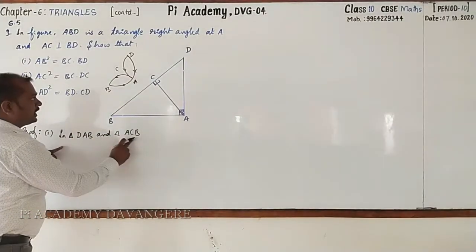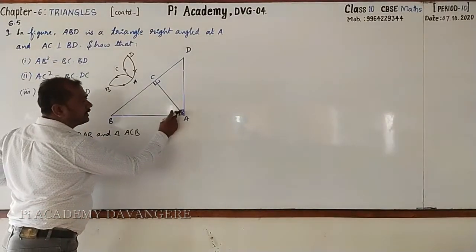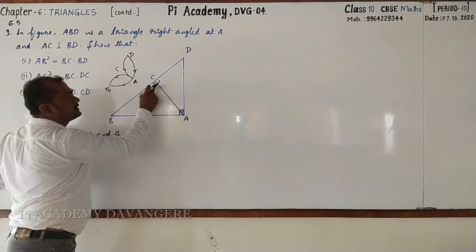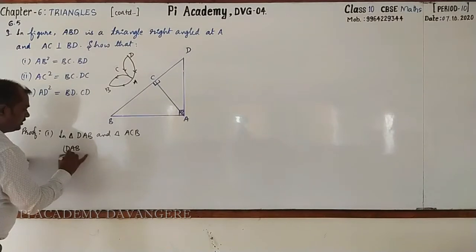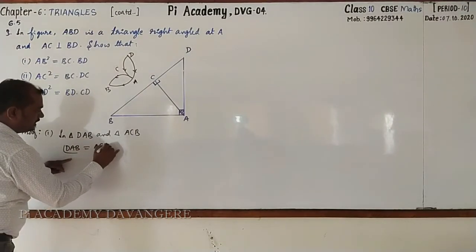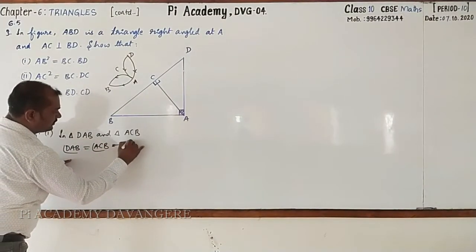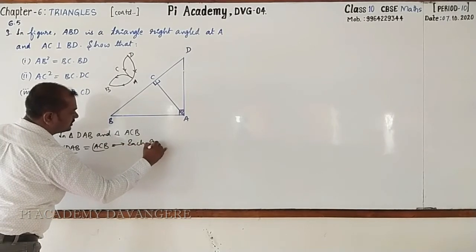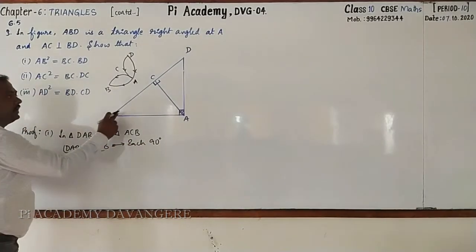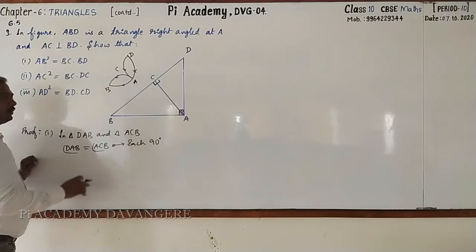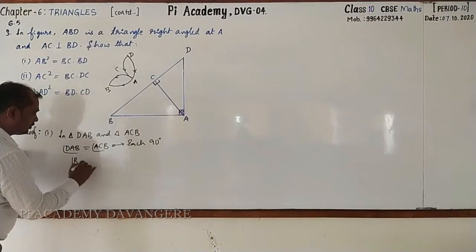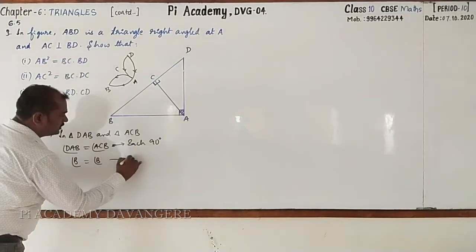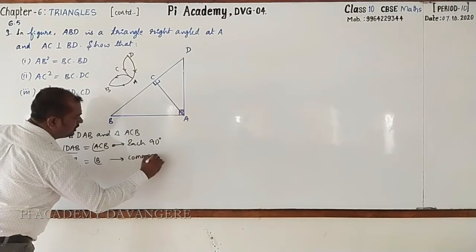See, in these two triangles, angle DAB is 90 degree and angle ACB is also 90 degree, each 90 degree. Then angle B is common for both the triangles. Look at B, here also B. Angle B equal to angle B, this is the common angle.